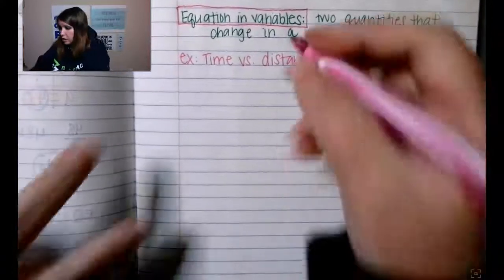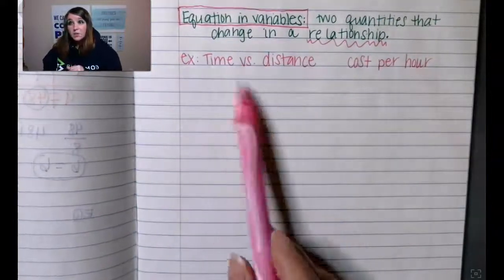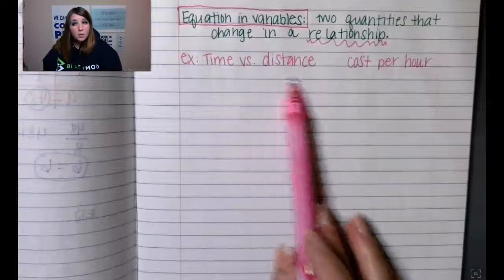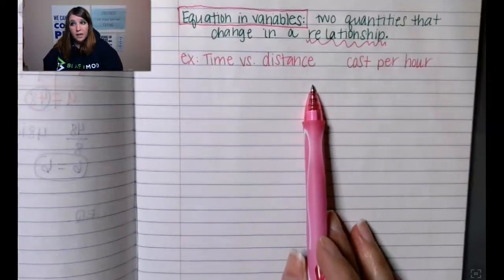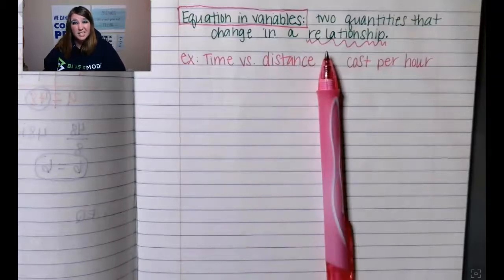Okay, so maybe I should just give this like a little squiggle. Relationship. Okay, so these two quantities are going to change based on one or the other. Okay, so they're going to change because one thing's going to change, it's going to make the other thing change. And that's where we have our ordered pairs.